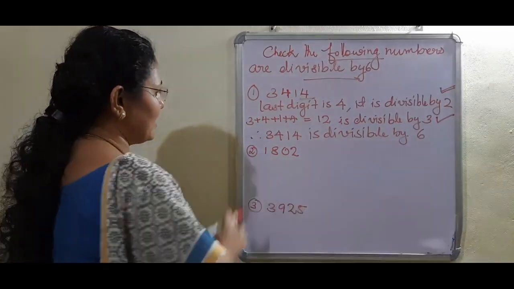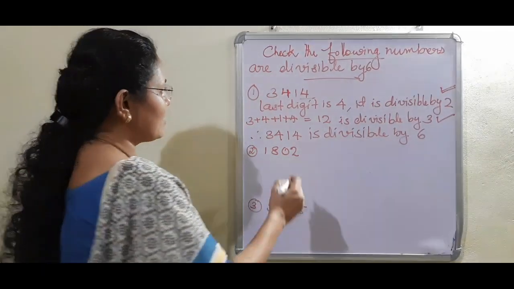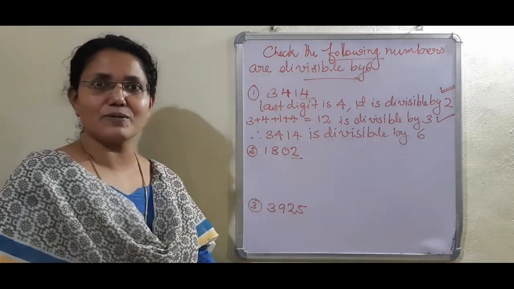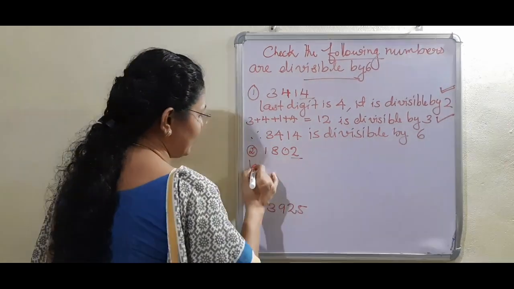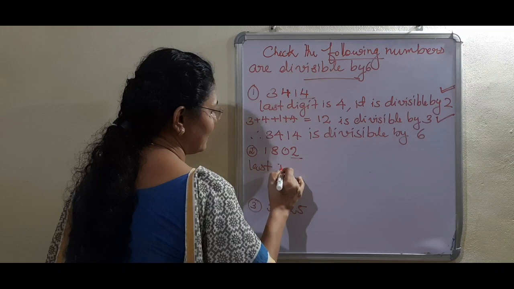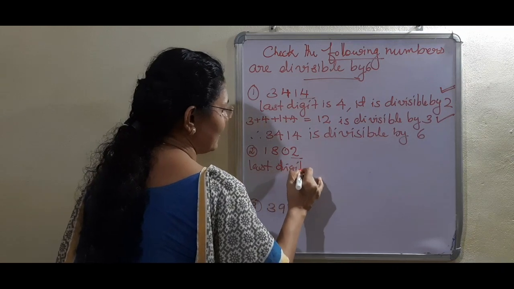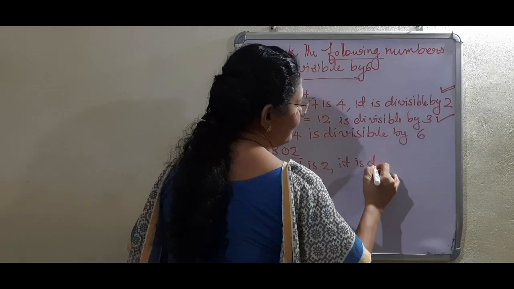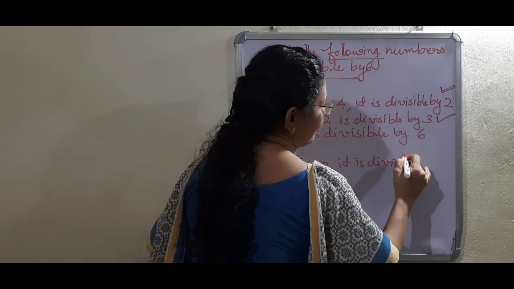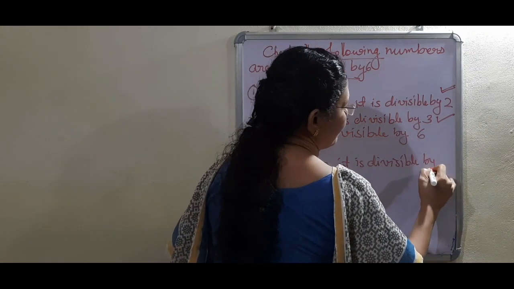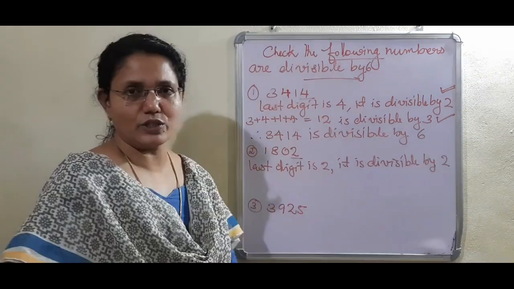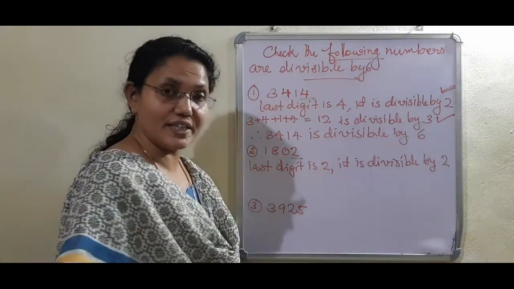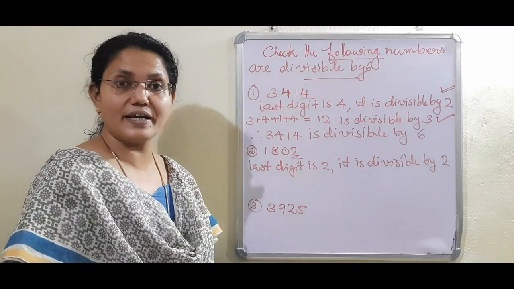Now we can check it here. Here the last digit is 2. It is divisible by 2. Now we check whether it is divisible by 3 or not.